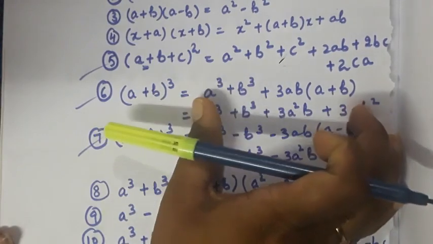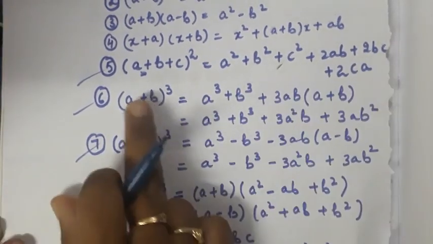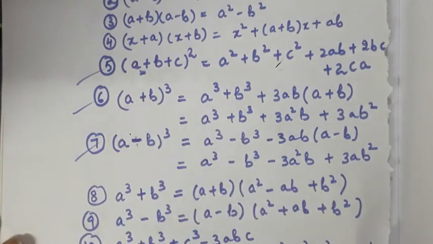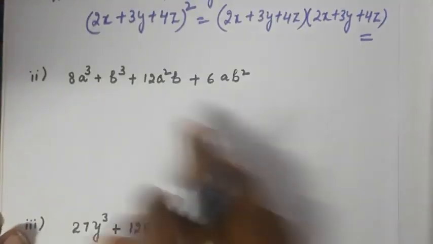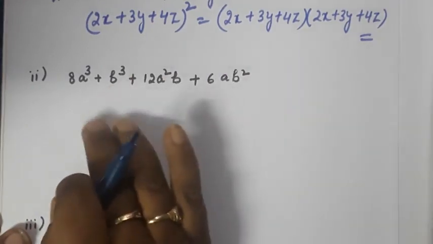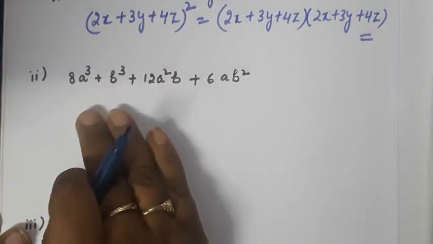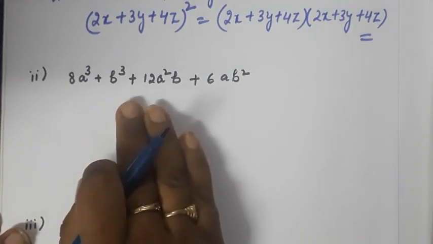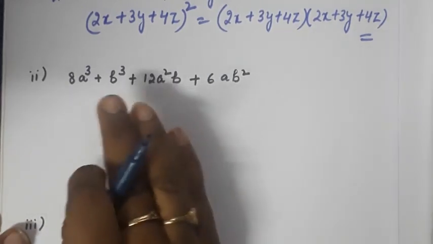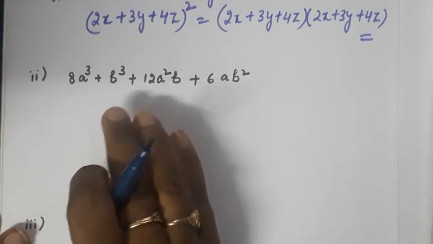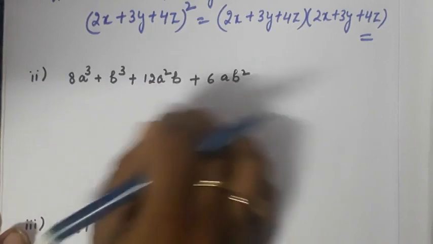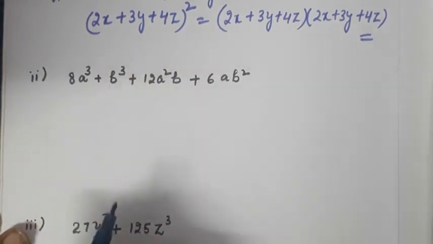Okay, now this whole expansion is given and you have to write this type of factors. First of all, try that the expansion which is given to you, you need to modify, or you have to write in terms of a cube plus b cube plus 3a square b or 3ab square, to make sure that a and b will be clear. We can find a and b clearly from this expansion so that we can apply the identity.